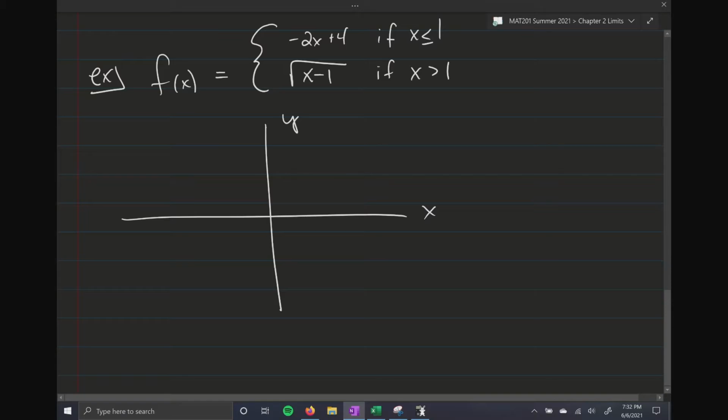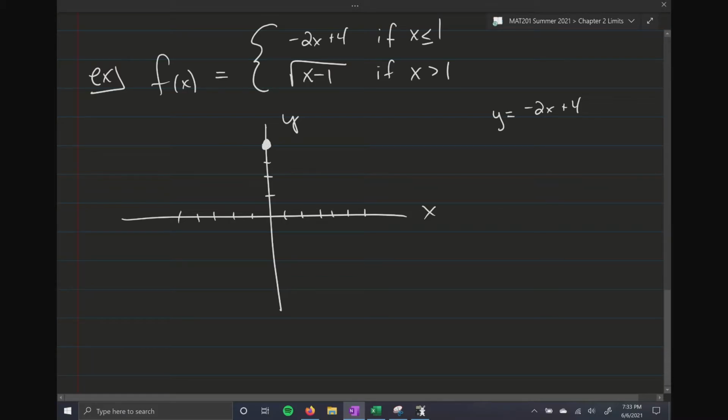And I'm going to assume for a second that the first piece is just a complete line. I'm not going to worry about the restrictions on my x values. So I have a linear equation here. 0, 4 is my y-intercept.